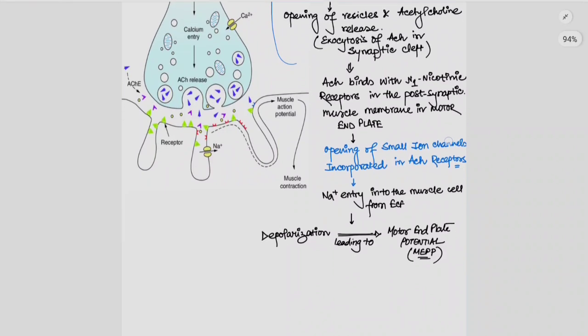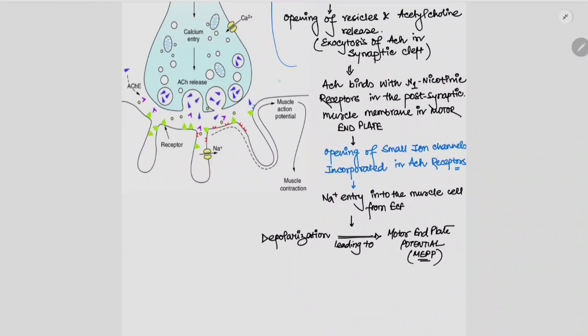This all happens in the postsynaptic muscle membrane or in the motor end plate. All these steps, including depolarization, happen in the postsynaptic muscle membrane.